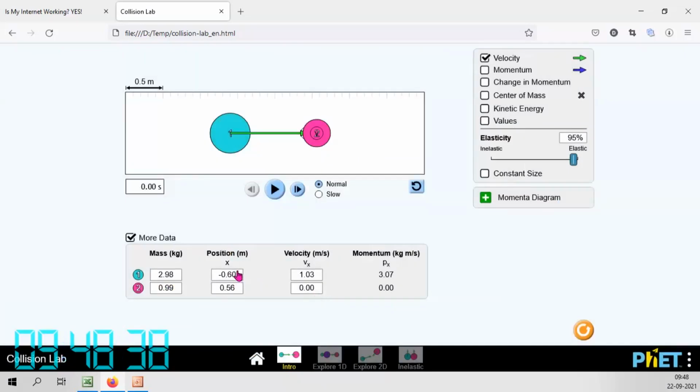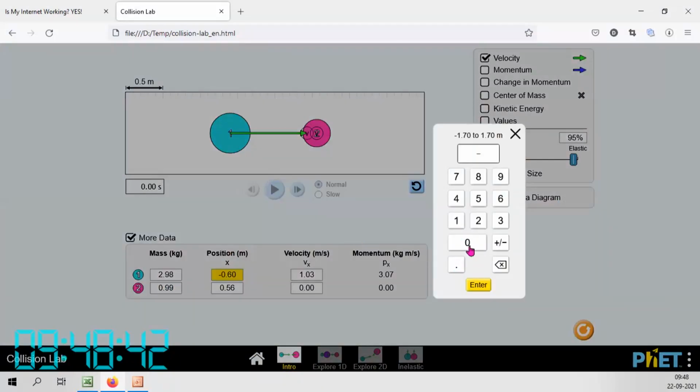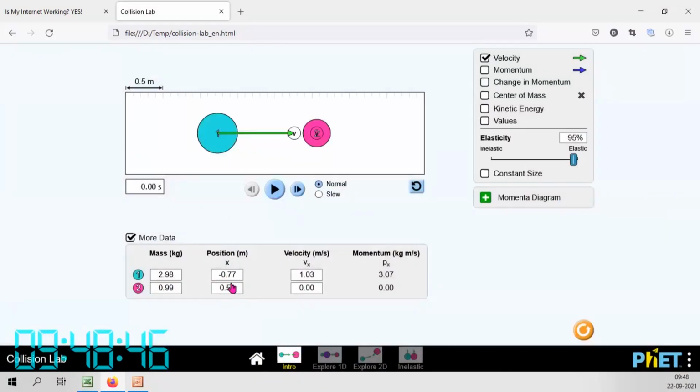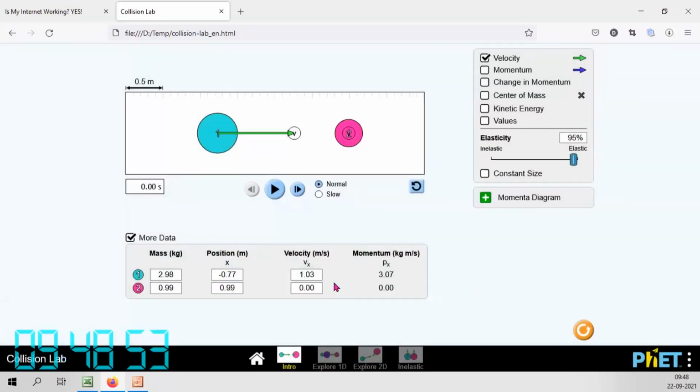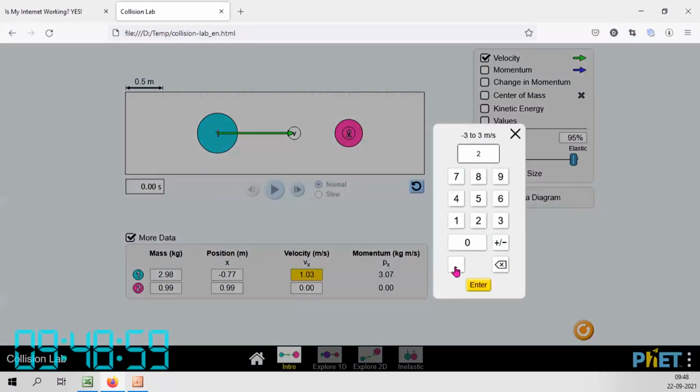Position is minus 0.77. Minus 0.77. Position of the left one. Right one is 0.99. Then velocity of the left is 2.98. Put 2.95.